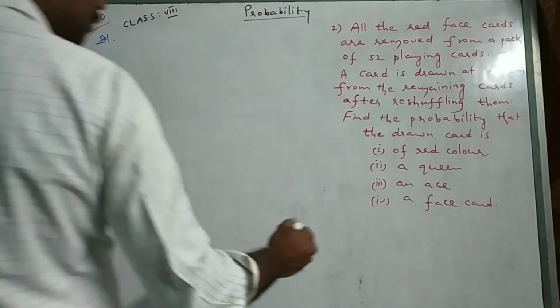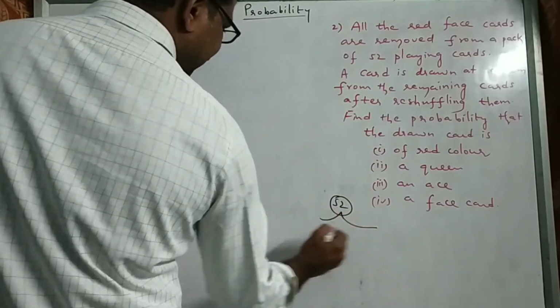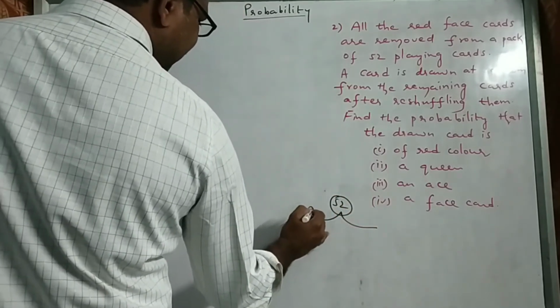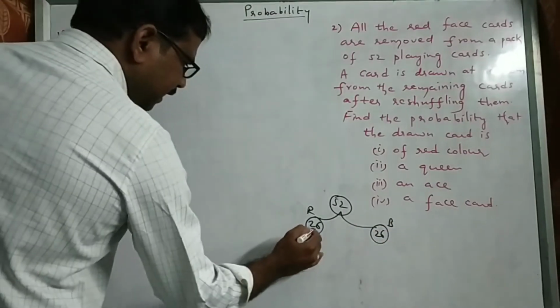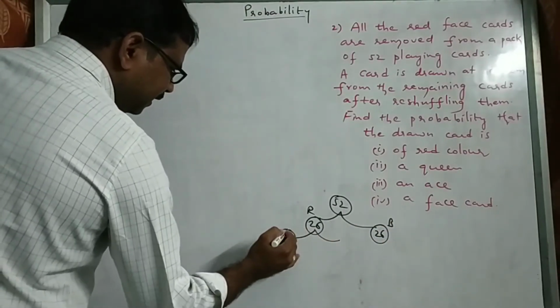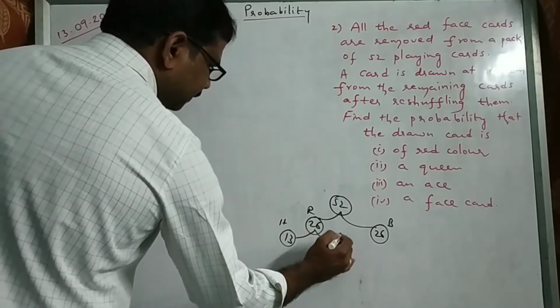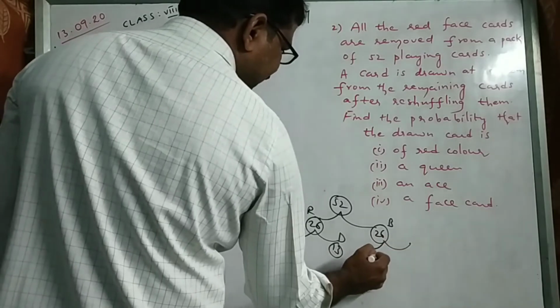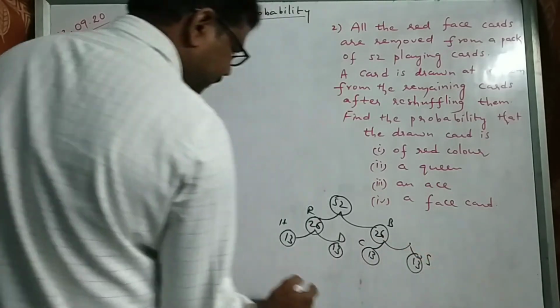Okay. So I told you here 52 playing cards are there. In that 26 red, 26 black. In 26 already I told you 13 hearts and 13 diamonds. Here also 13 clubs and 13 spades.